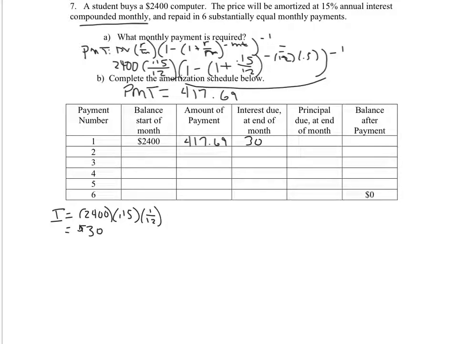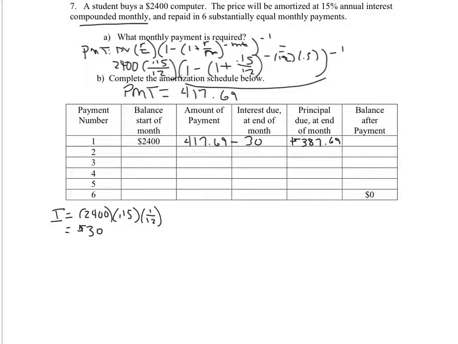Now remember, if I'm paying $417.69, and if you take out the $30 in interest, that tells me the amount that would be applied toward principal at the end of the month. And that's $387.69.